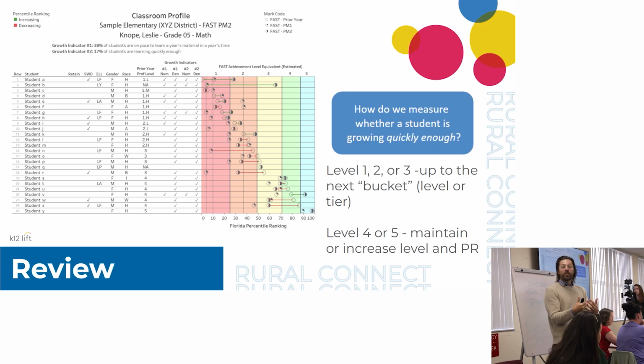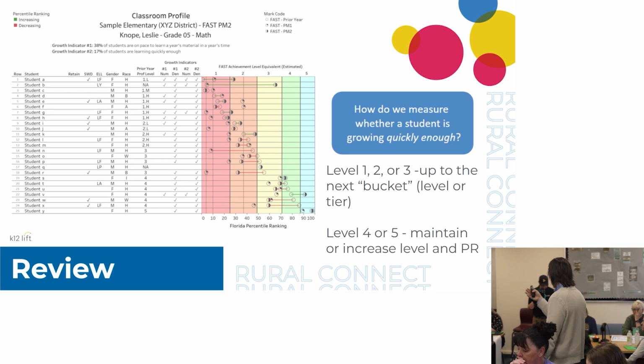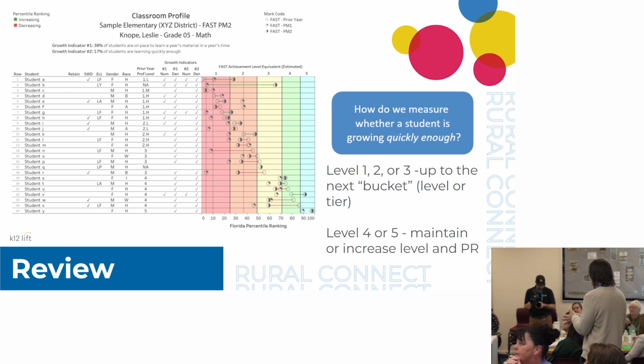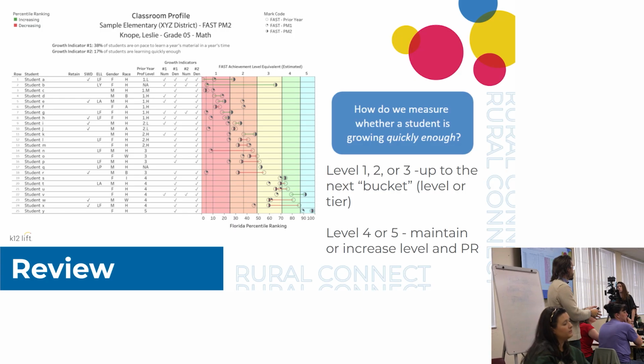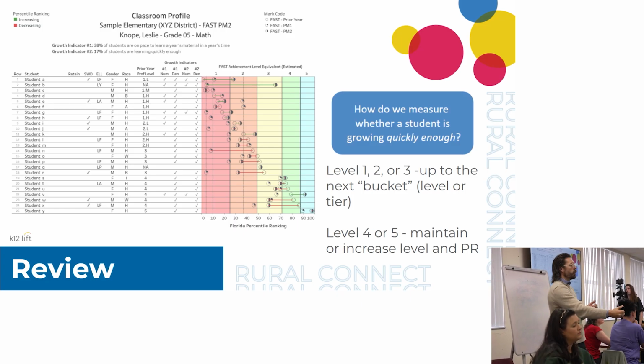It's not until level 4 where we confidently feel that students are ready for the next grade level. Like they have reached the appropriate depth and rigor of their current grade level standards in order to be successful on their own in that next grade level. So even level 3s, in order to be growing quickly enough, we want to see that movement into 4.